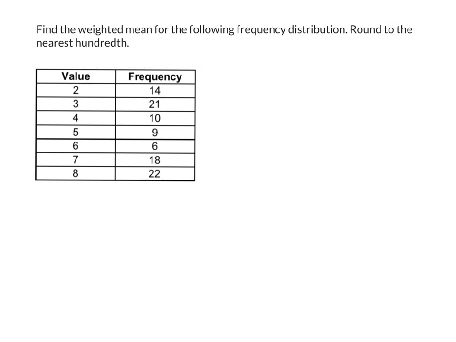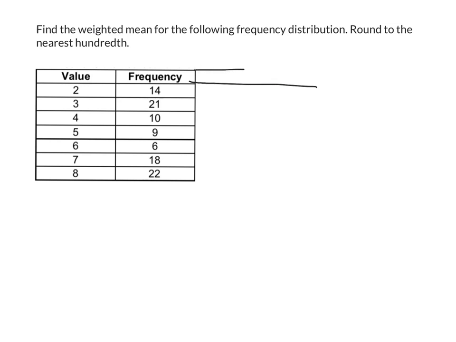So the weighted mean is just the mean of a frequency distribution. And that's found by taking the sum of the products and dividing by the total of the frequencies. So my first step is I'm going to find the product of the value and the frequency.